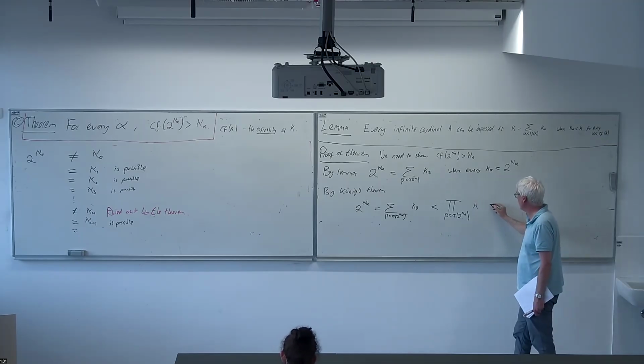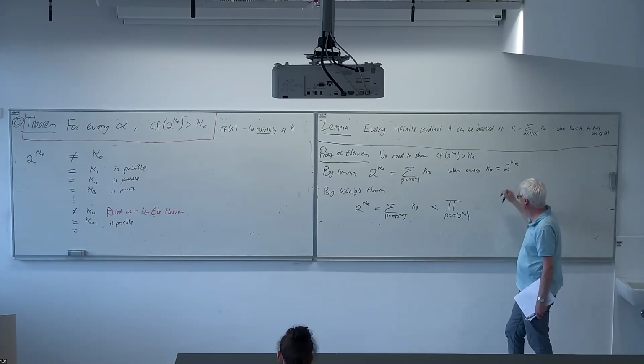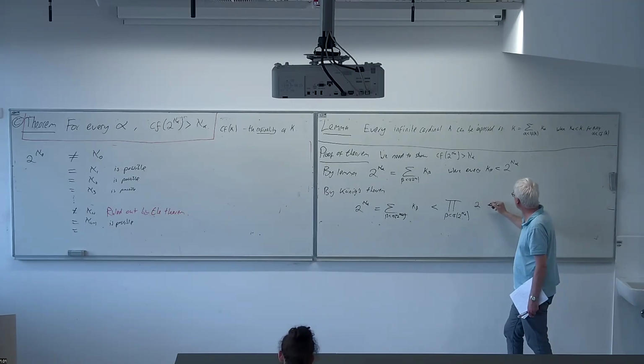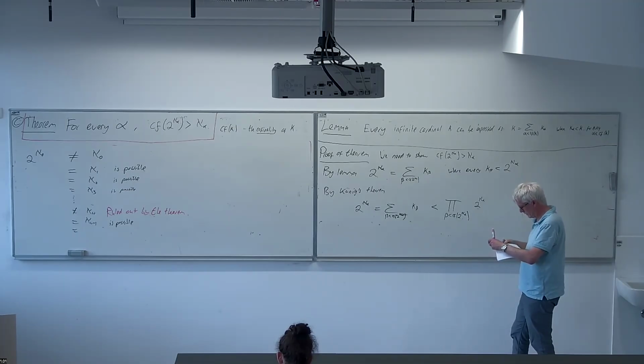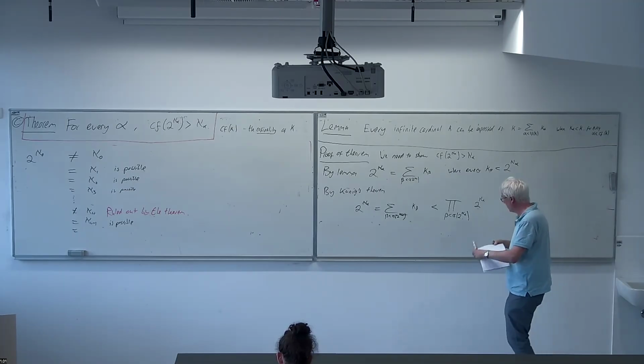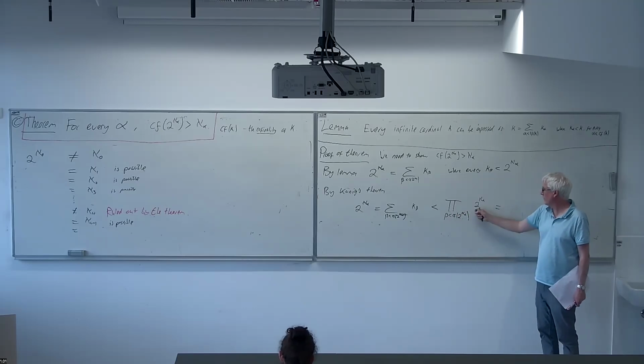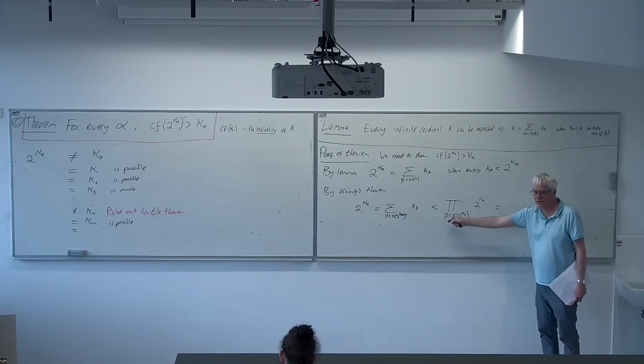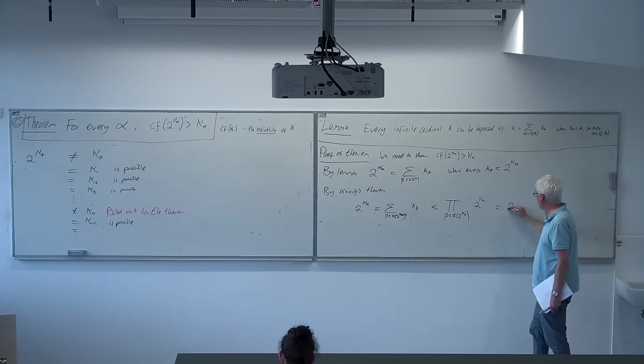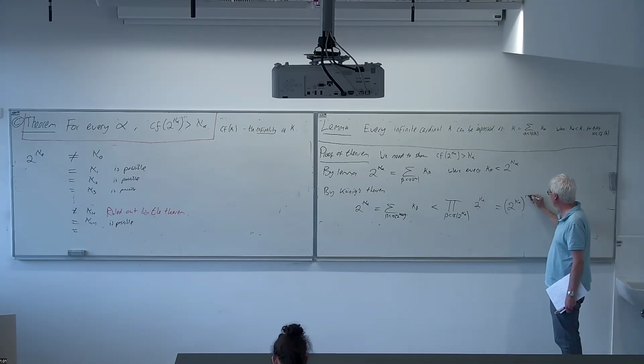And this equals, each kappa beta is less than 2 to the aleph alpha, so this equals 2 to the aleph alpha. Because it's a product of things that don't depend on the index, this is simply 2 to the aleph alpha to the cofinality of 2 to the aleph alpha.